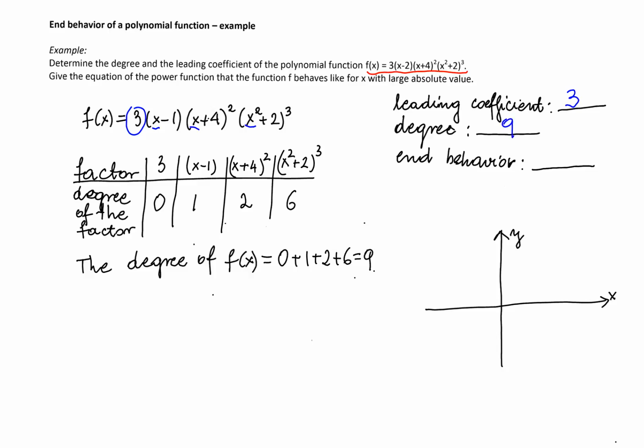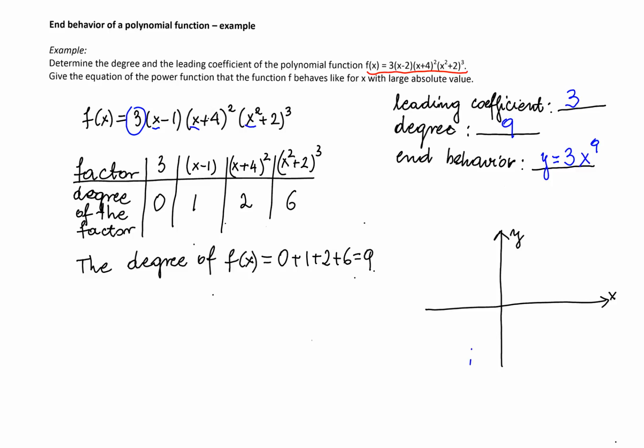And therefore we can form a power function that the function f of x resembles when x has a large absolute value. This function is y equals leading coefficient times x to the degree of the polynomial. This function, y equals 3x to the 9, behaves like the cube function because the coefficient is positive and the exponent is odd.